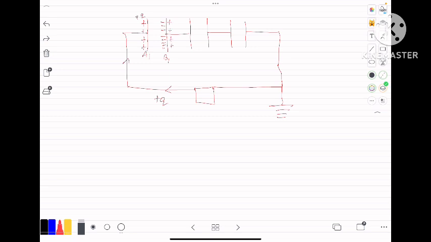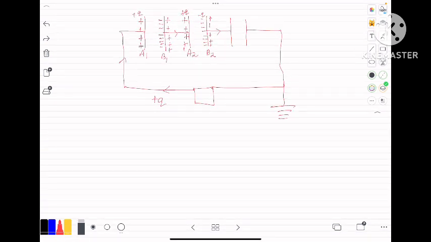This plus Q charge flows to the first plate A2 of the second capacitor, and due to induction minus Q charge appears on the inner face of plate B2 and plus Q charge appears on the further face of B2. This positive charge again flows to the third capacitor.